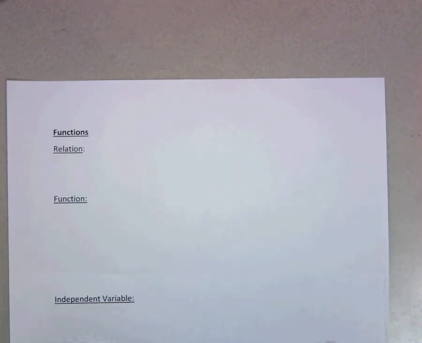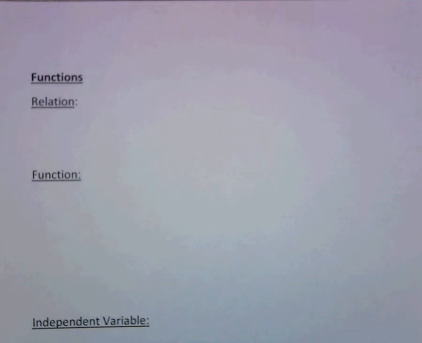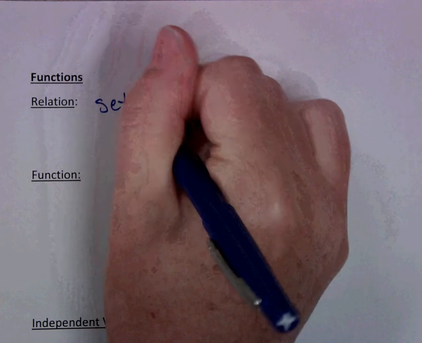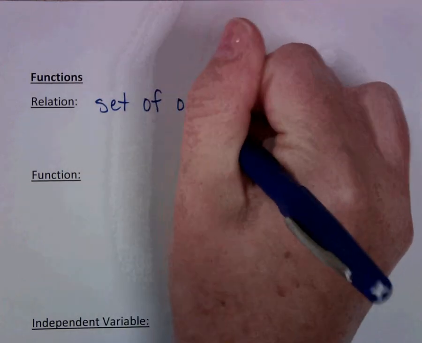Okay, so we're going to talk about functions today. And the first thing I want us to define is a relation. A relation is simply a set of ordered pairs.